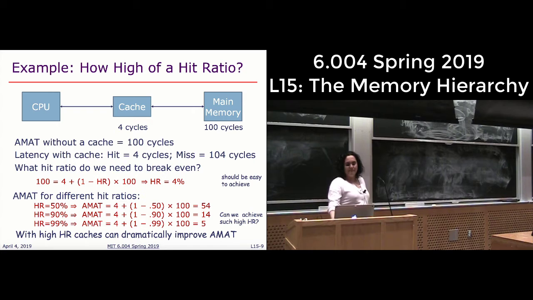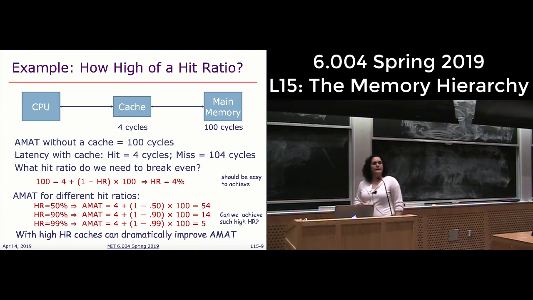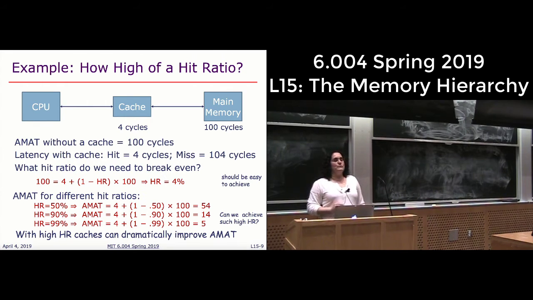So as you can imagine, that's really quite low, and it's very easy for us to get a hit rate of at least 4%. So already we see that it's going to be very easy for us to do at least as well with the introduction of the cache as we did without it. Okay? But actually, we can do even a lot better than that, right?